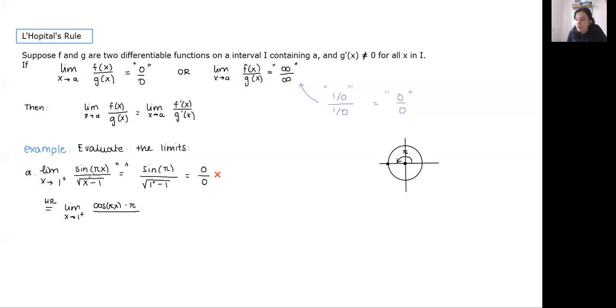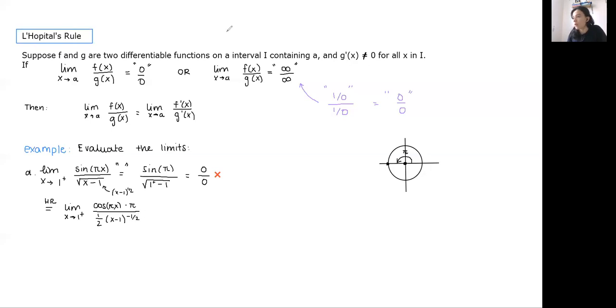And then the derivative of the denominator over here, well, maybe I can rewrite it just on the side. This is the same as x minus 1 to the power of 1/2. And so if I differentiate that, I'm going to get 1/2 times x minus 1 to the power of -1/2.